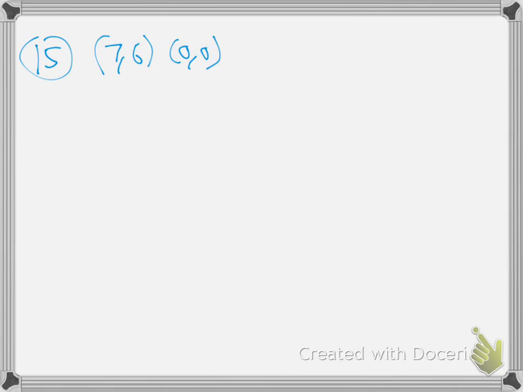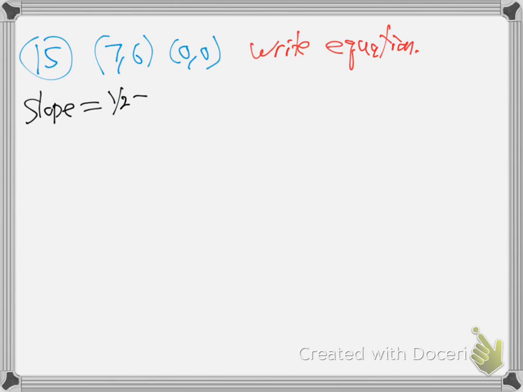Write the equation. How we doing? Slope equals y2 over x2. Whenever they don't give us the slope, we got to get ourselves a slope, don't we? So this is x1, y1, x2, y2.